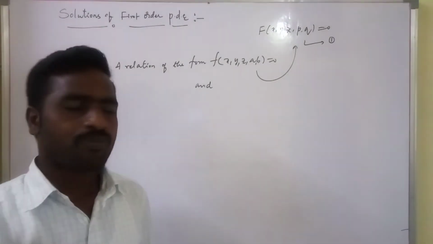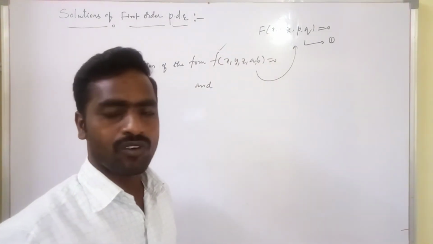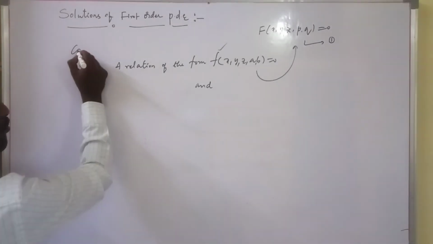Then the relation f(x, y, z, a, b) = 0 is called the complete integral.